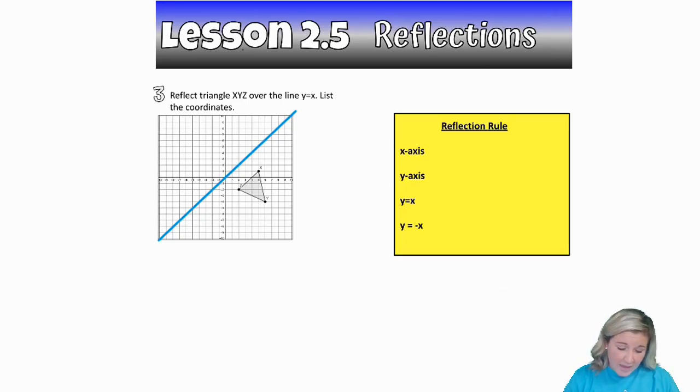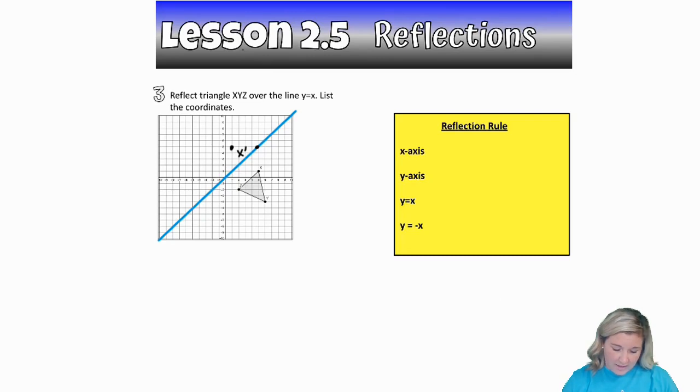So I'm going to go up 1, 2, 3, 4 to get to my line right here for x. Then I'm going to make a 90-degree turn to make my new point for x prime. So that's going to be reflected over.